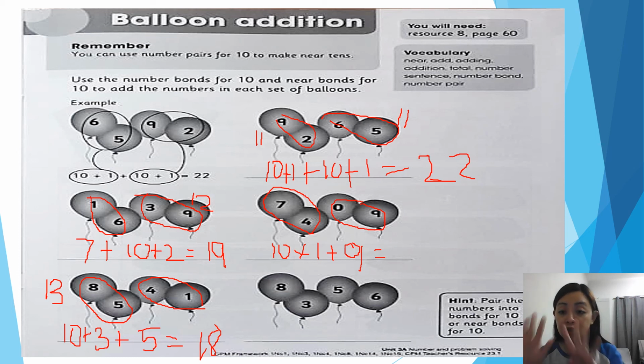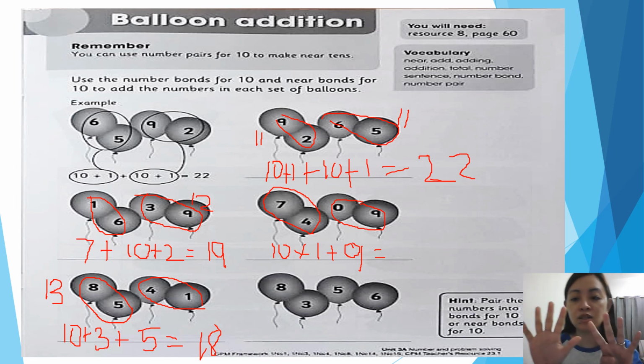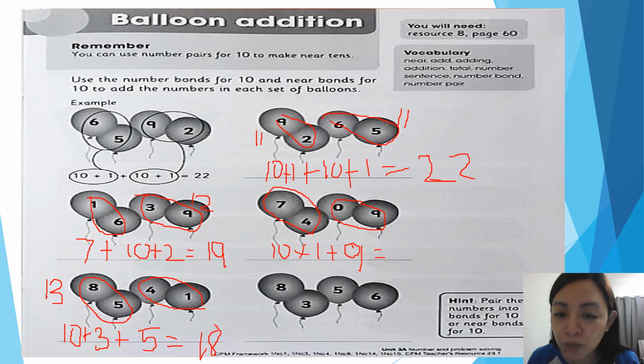Plus 9, so let's do continuous counting. 11, 12, 13, 14, 15, 16, 17, 18, 19, 20. So 20 is the correct answer.